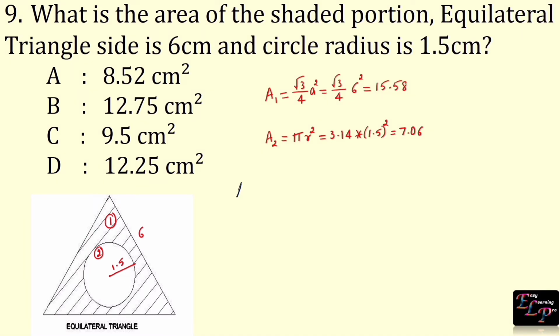So the total area is A1 minus A2. Substitute the values. 15.58 minus 7.06. It is equal to 8.52 centimeter square. So the answer is option A, 8.52 centimeter square.